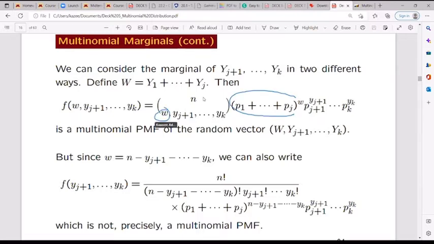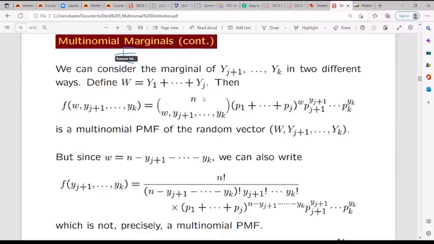Why do I have p1 up to pj? Don't forget w is y1 up to yj. You remember the expected value of w is basically going to be p1. So if you look at the expected value of w now, you're actually going to have p1.